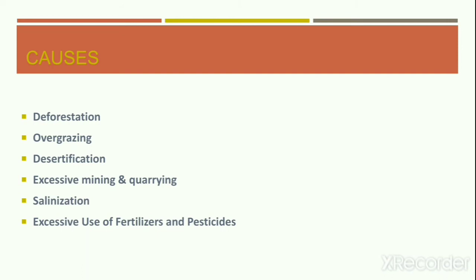Increase in the concentration of soluble salts in the soil is termed as salinization. The excessive use of fertilizers and pesticides, high use of irrigation methods, and unscientific practices of agriculture all led to this salinization problem, leading to the poor quality of soils.